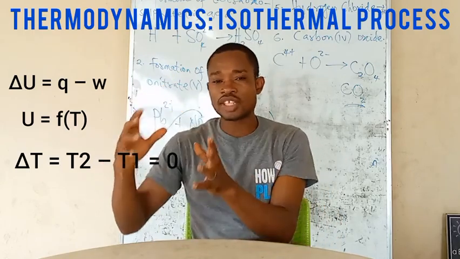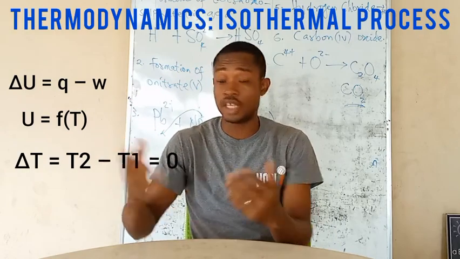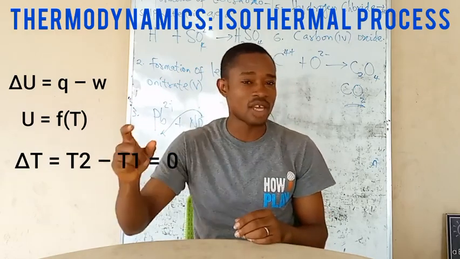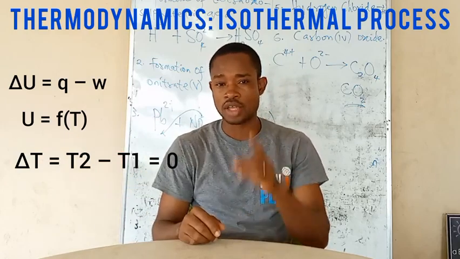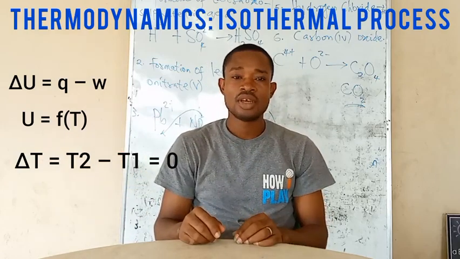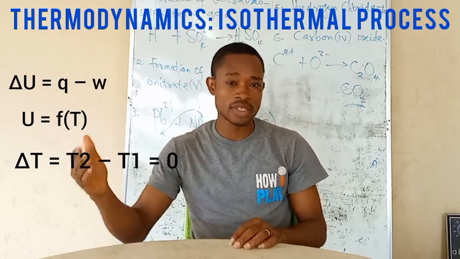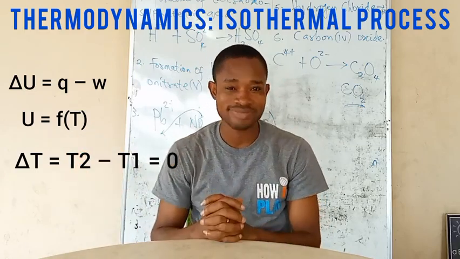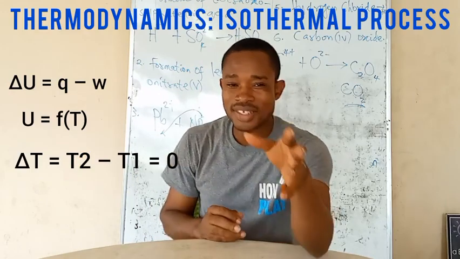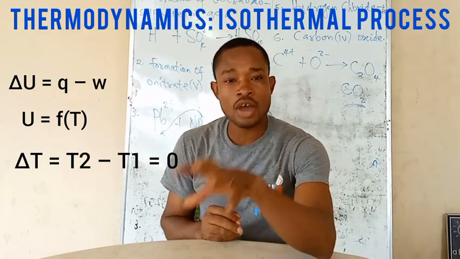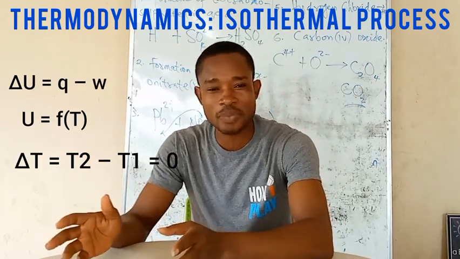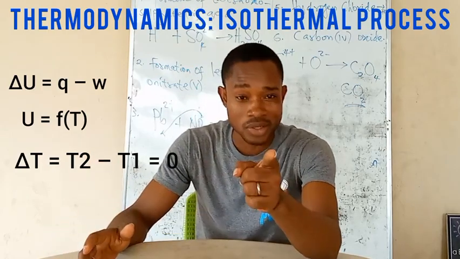It means if the initial temperature of the system, T1, is 50 Kelvin, for example, then you expect that the final temperature, T2, will also be what? 50 Kelvin. And hence, T2 minus T1 will be 50 minus 50, which will give you what? 0. So what does this mean? Temperature is constant in isothermal process. Therefore, change in temperature, which is final temperature minus initial temperature, will be equal to 0.